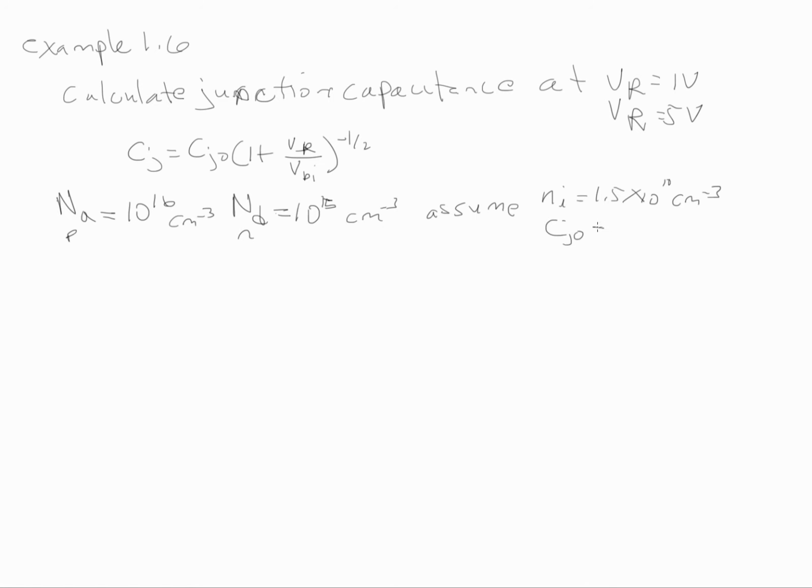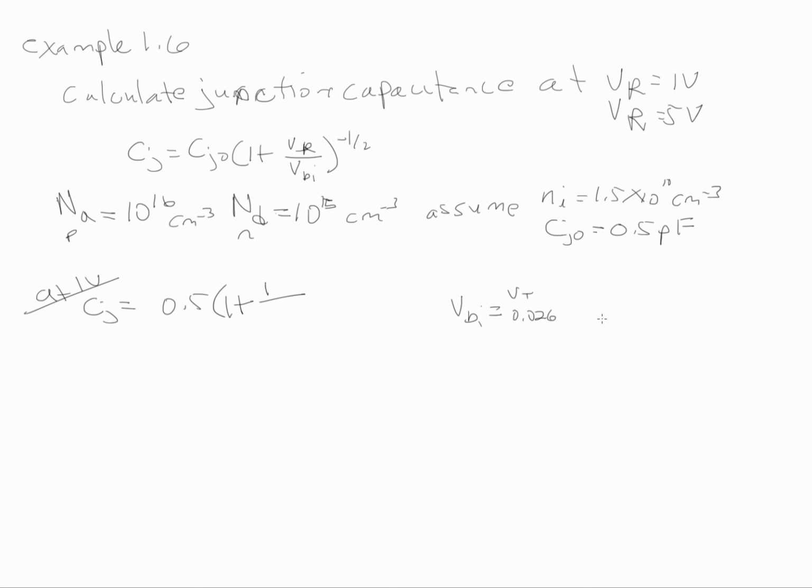From there, you just plug it into the formula above. At 1 volt applied reverse bias, your junction capacitance is 0.5 picofarads times 1 plus 1 over 0.637 volts, to the minus 1/2 power. Oops, we need to calculate V built-in. That's where I got the 0.637.